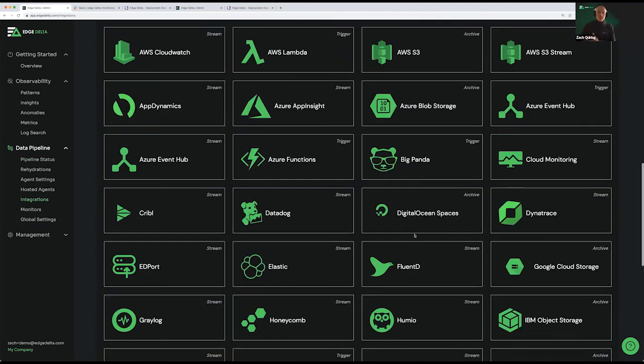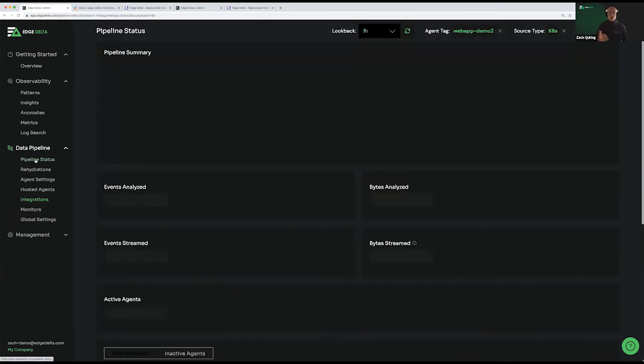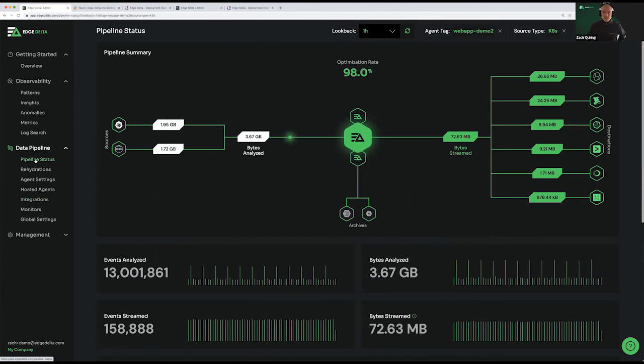But none of the underlying data is ever sent to our backend, because the actual analysis and analytics is happening at the point of data creation as data is flowing through those systems. So it's all optional and up to the customer in terms of what data gets sent where, what you want to have streamed to Edge Delta versus sent specifically to downstream systems that are configured there.